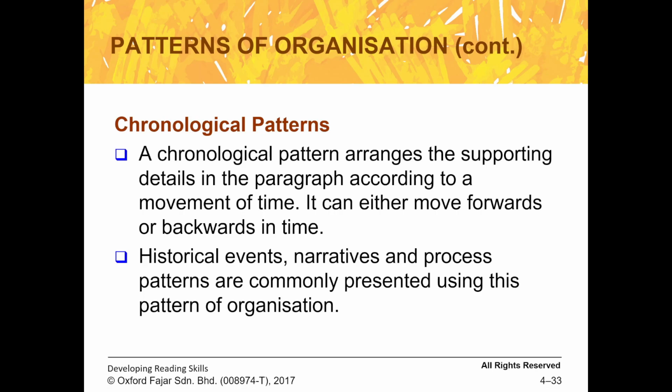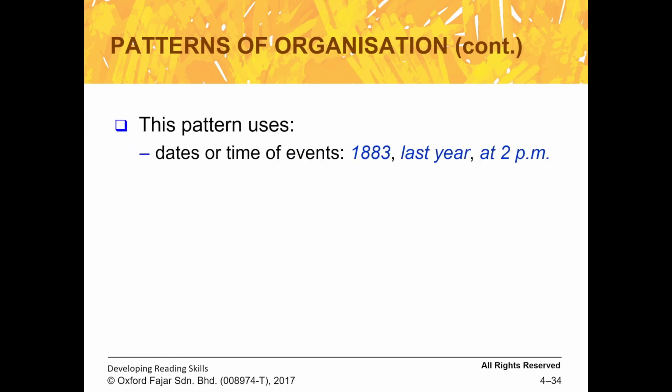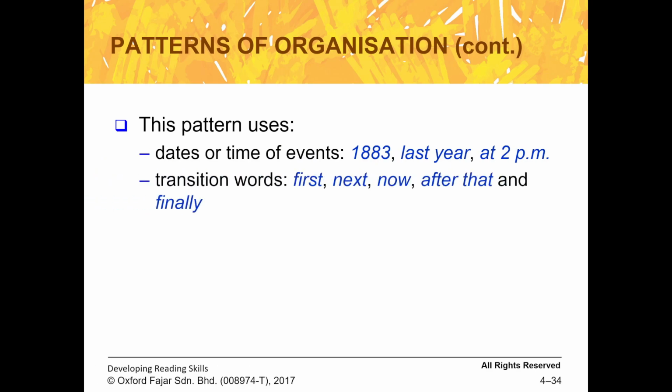So there is movement from A to B to C to D, so there is a process there. This pattern uses dates or times of events, for example, 1883, last year, or 2 p.m. They use transitional words: first, next, after that, and finally.